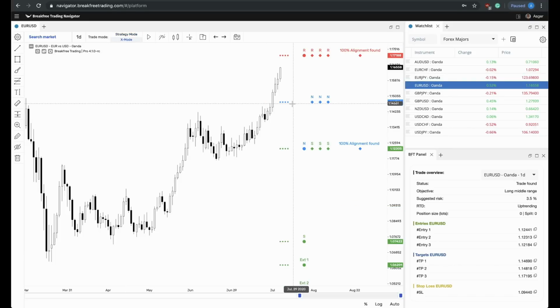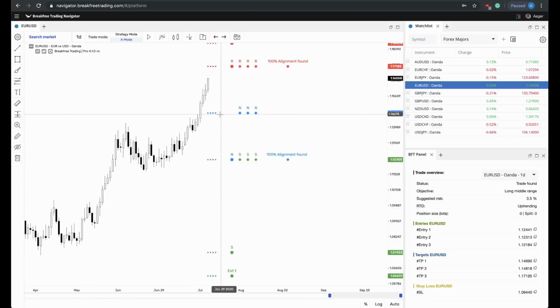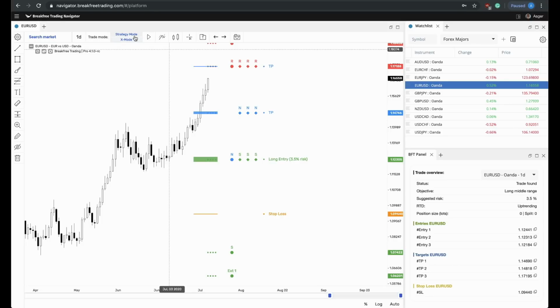And that is something that's really cool, because we know that a lot of traders have been using these two at the same time, but they're using two indicators and it was giving them some problems and so on. But what it was really showing is that our people are just hungry for more information. They want to use strategy mode and X mode at the same time, and it completely makes sense to us. So that's why we decided that we wanted to make it even easier for you guys to use it at the same time.